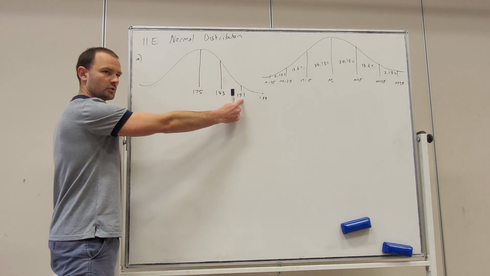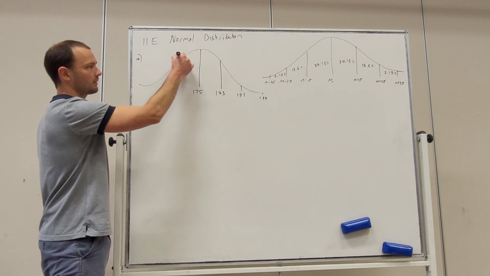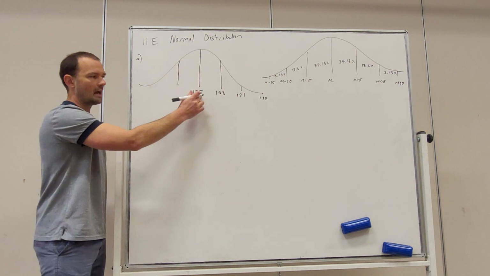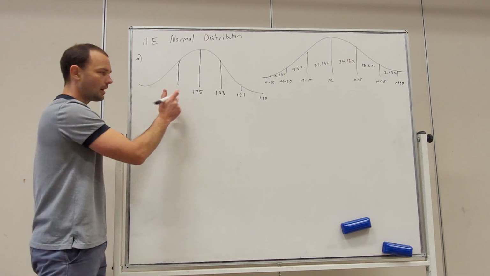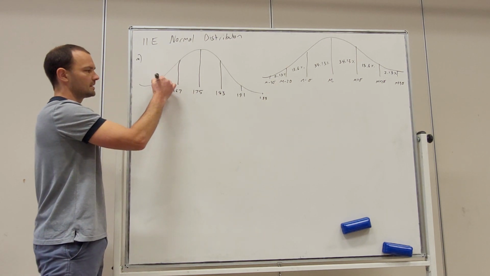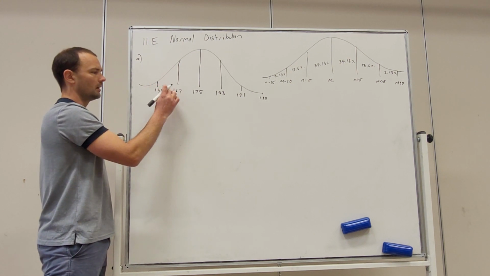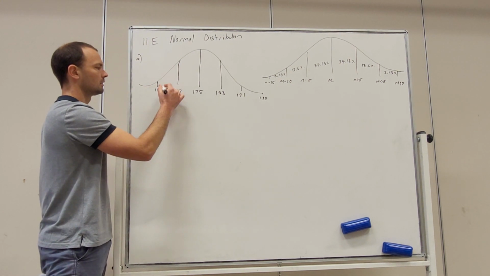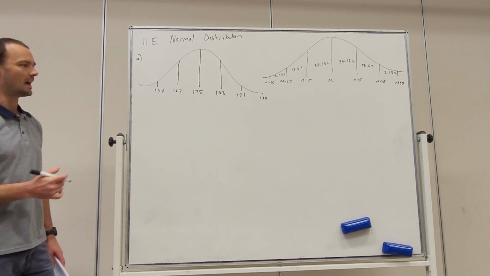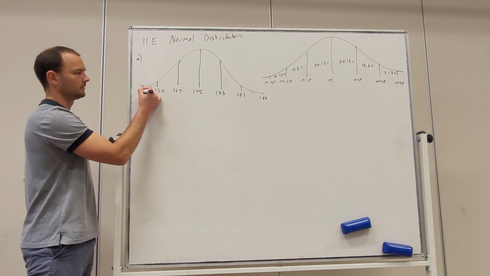This is the mean plus 2 standard deviations, and the mean plus 3. And we go back the other way as well. 8 centimetres below 175 is 167, and then 8 centimetres below is 159.